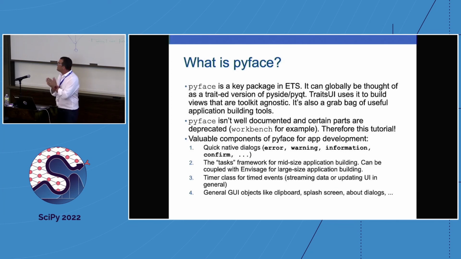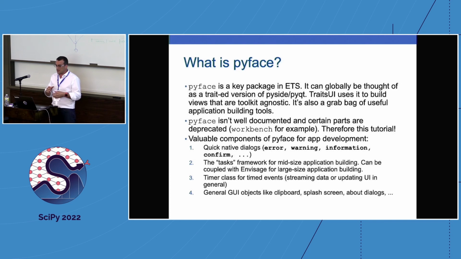All right, so what is PyFace? PyFace is multiple things. It is this layer, this thin layer between Traits UI and Qt, right? So it contains some of the guts that allows Traits UI to work. Some of the secret sauce, it's all open source, so nothing is secret there.